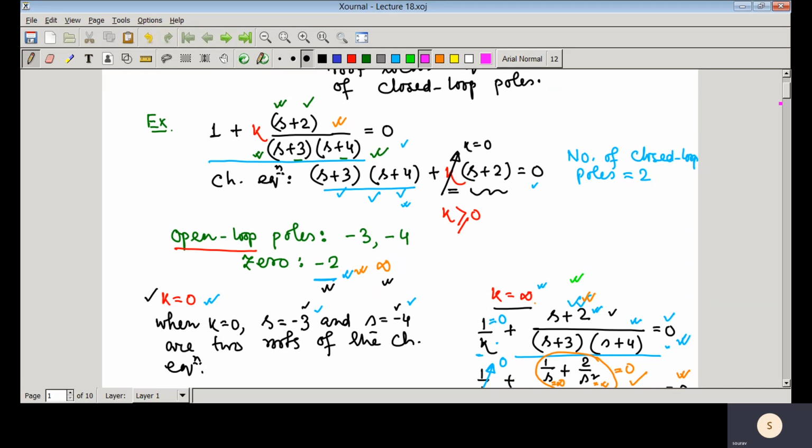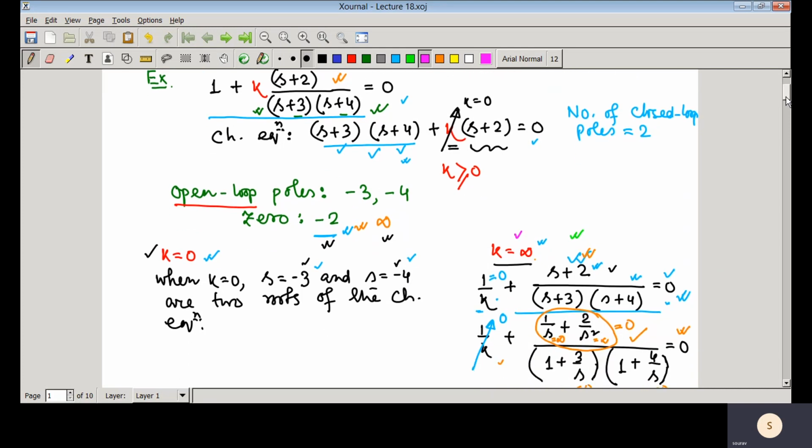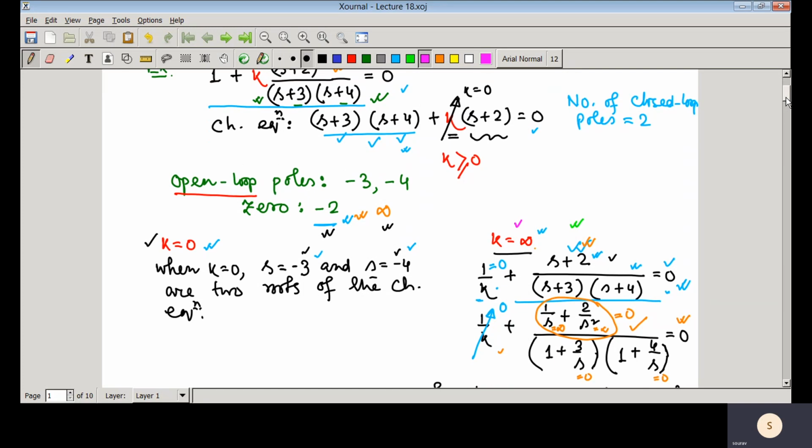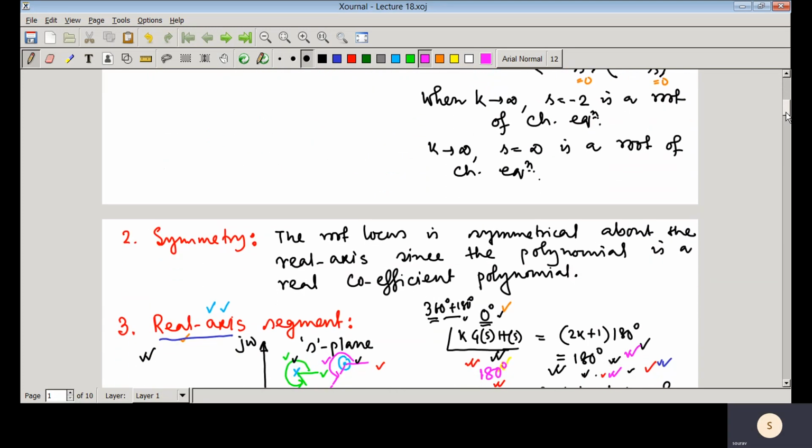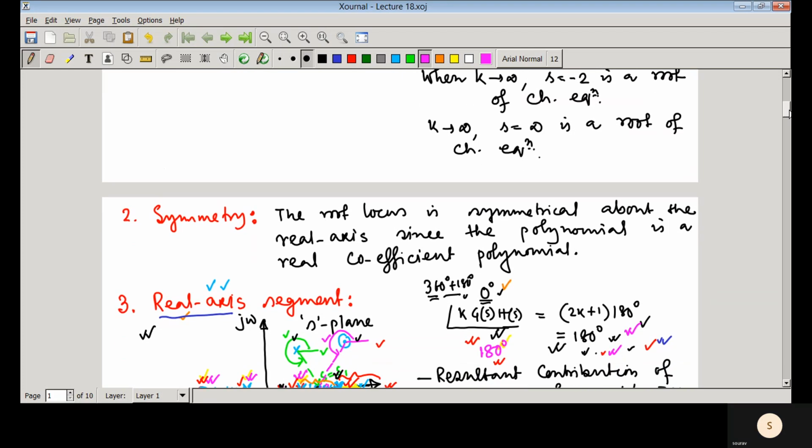Whenever k equals 0, the open loop poles and the closed loop poles coincide, and when k tends to infinity, the root locus ends at the open loop zeros. Then the next rule is symmetry: as the characteristic polynomial has real coefficients, it is symmetric with respect to the real axis.